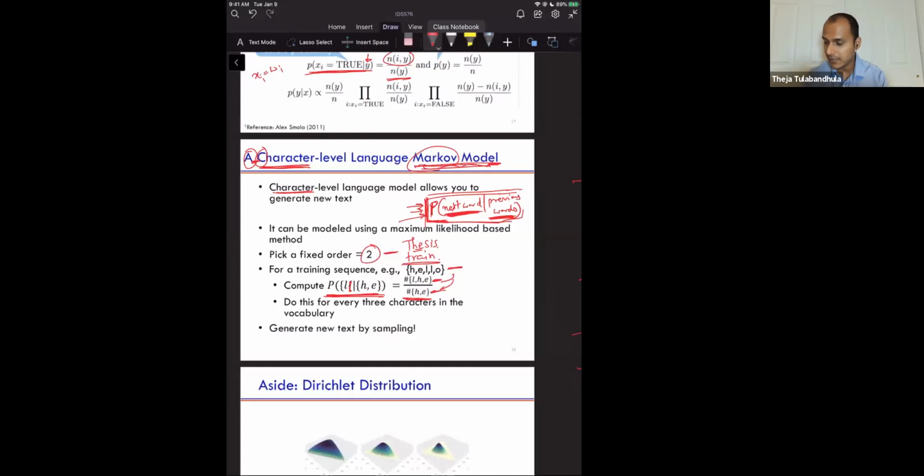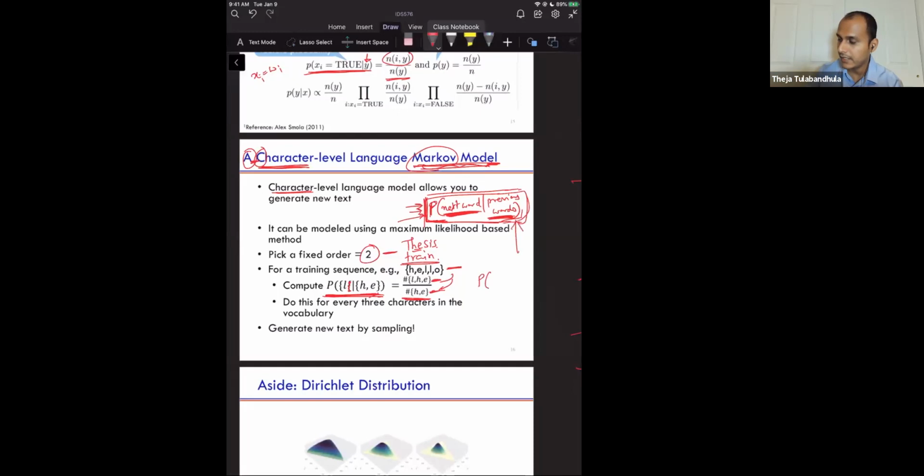And if you can compute this type of conditional probability for all combinations of letters, then you can have an object which will be able to replicate this guy, right? Like not just L given H and E, but probability of A given B and C, probability of A given D and E, many such things. If you compute all of them, then you'll have an object like this, right?